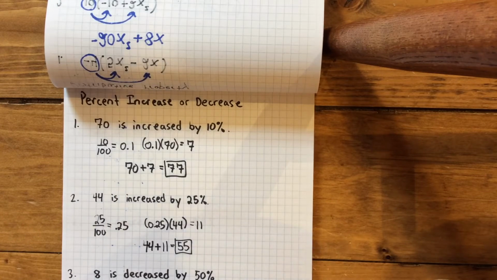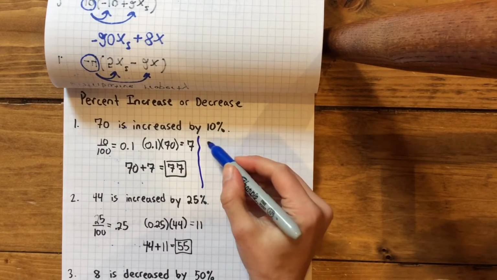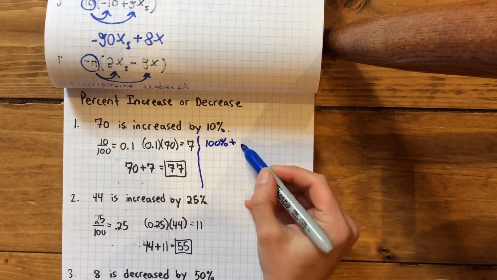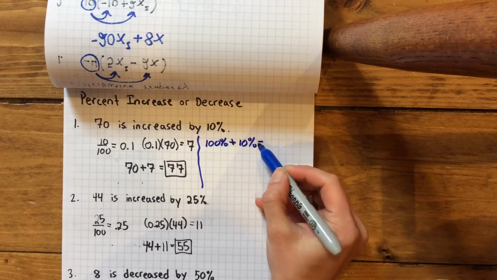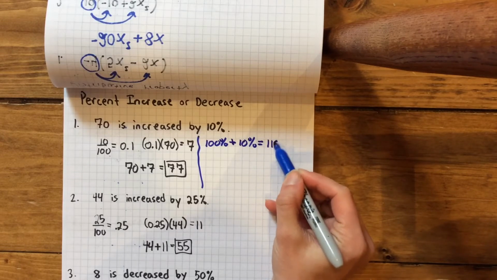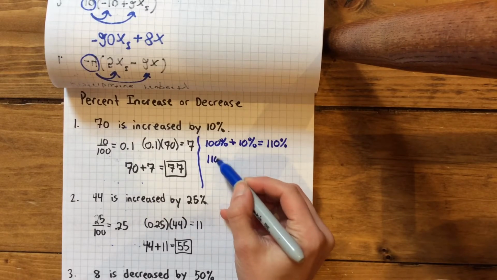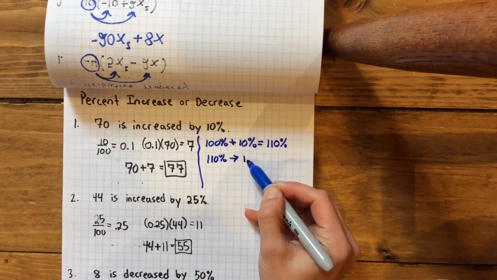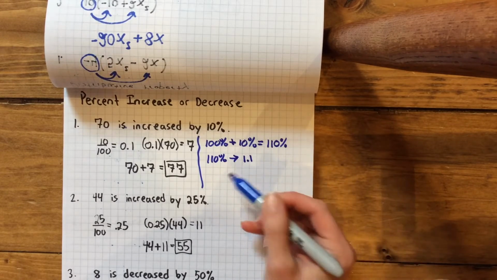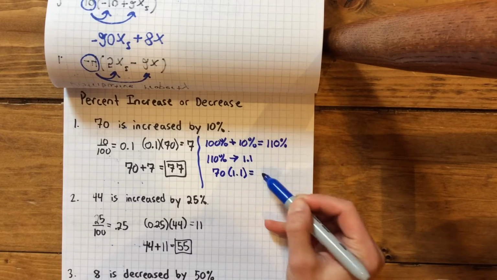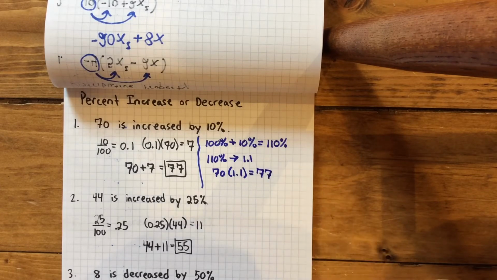So 70 represents 100%, but we want to increase it by 10%, which means our end number is going to be 110% of the original amount. 110% as a decimal is 1.1. We can then multiply 70 by 1.1 to get 77, the same result that we got there.